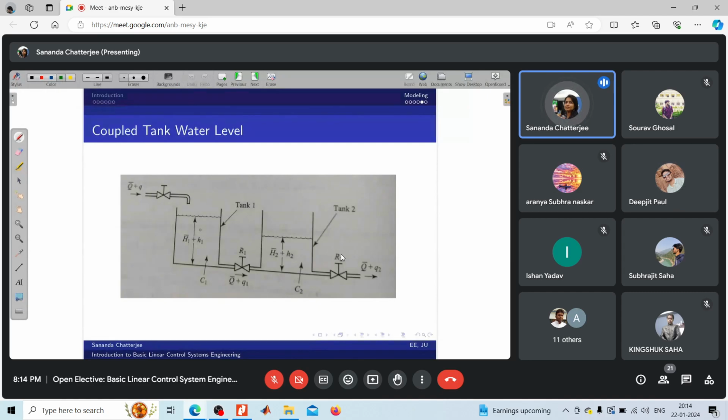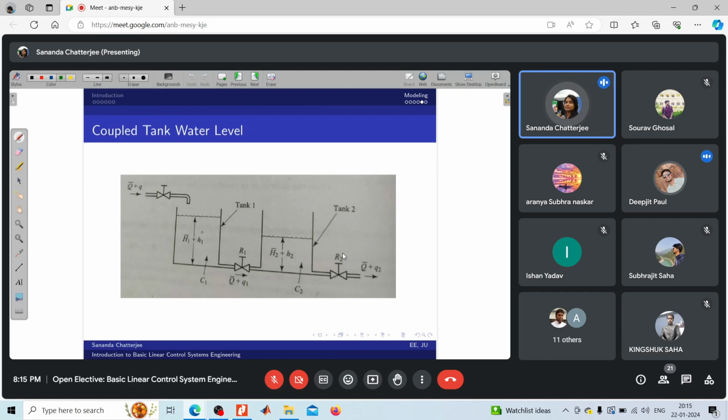I am talking about the status of the system, how much energy is already stored in that energy storing element. H1 and H2. So H1 will denote how much energy is already stored in tank 1, and H2 will denote how much energy is stored in tank 2.